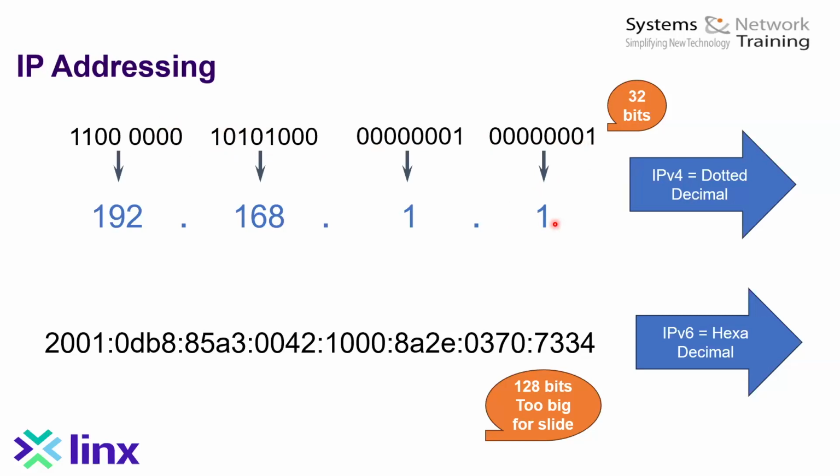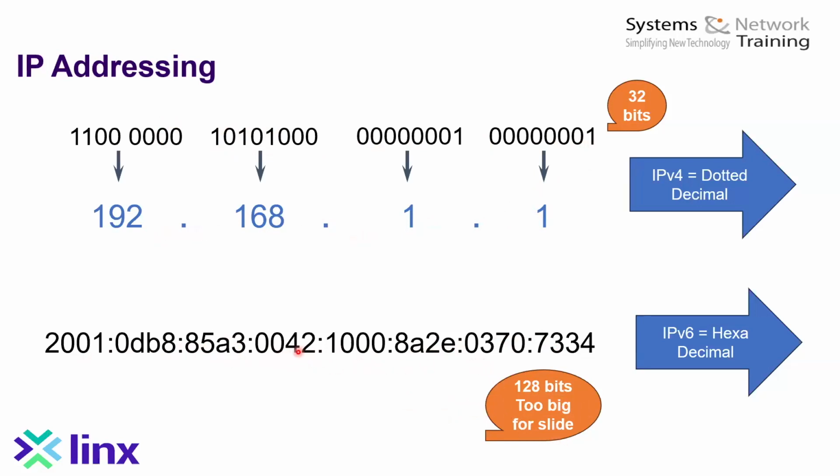It is reasonable for humans to remember an address like this. On the other hand, an IP version 6 address looks like this, which is made up of 128 bits. I can't put those 128 bits on my slide, so you're not going to get them, unfortunately.